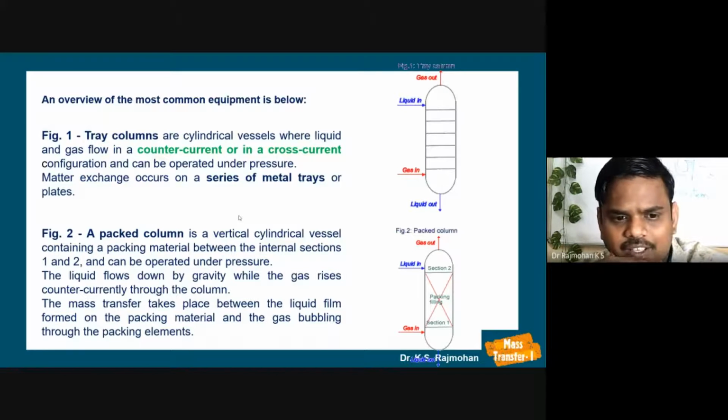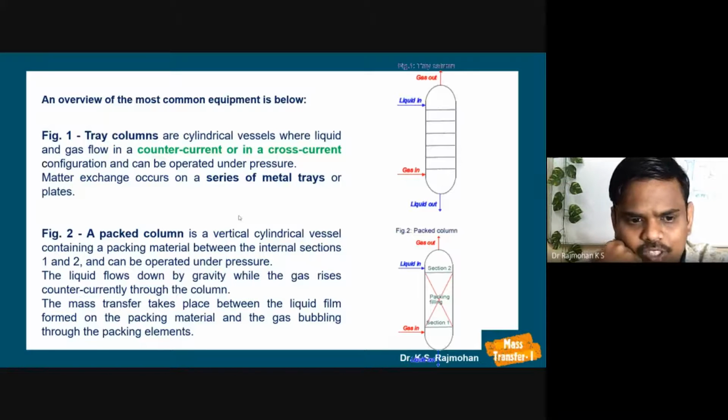Then we have another type, the most commonly used one, the packed column. Again, it is also a vertical cylindrical vessel which contains a packing material packed in internal sections between two sections, 1 and 2, and under a particular pressure it allows the gas and liquid to come in contact with each other, and mass transfer takes place.